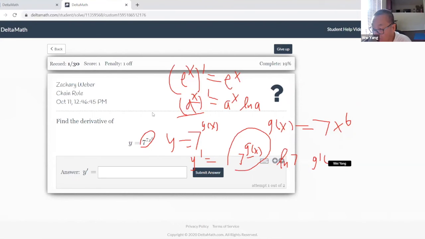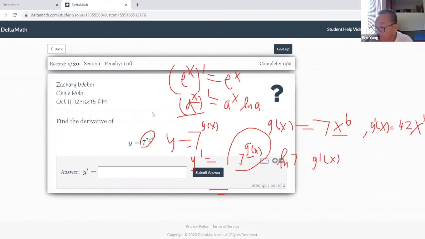We need to continue times this. Then you can just find the derivative of this one, derivative of gx equals what? This is a polynomial function. This one very easy. Just use 7 times 6, 42, then times x power 5. Because in this function, the final variable is just x, so we stop here.